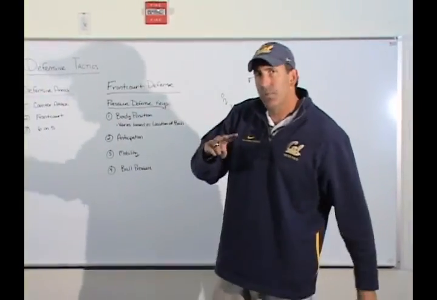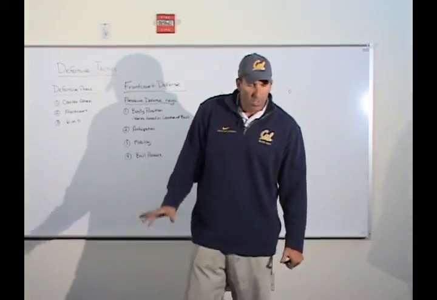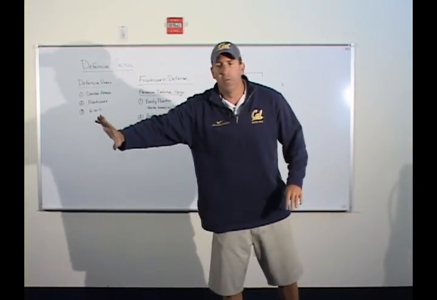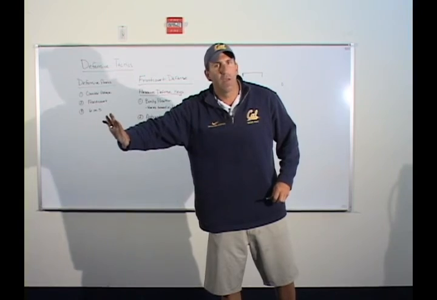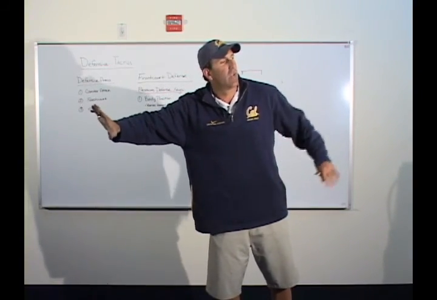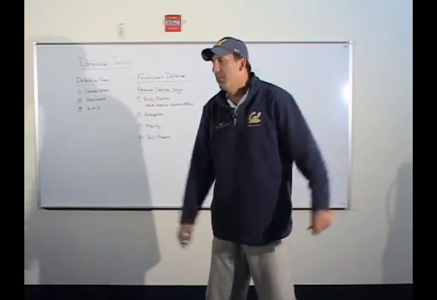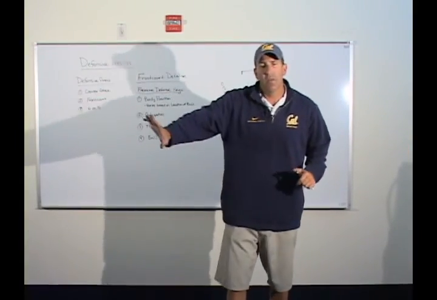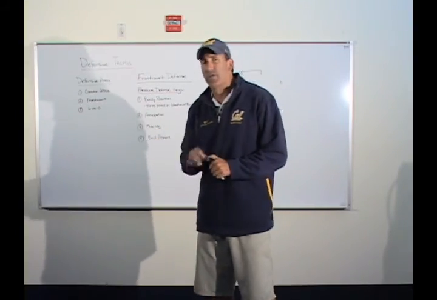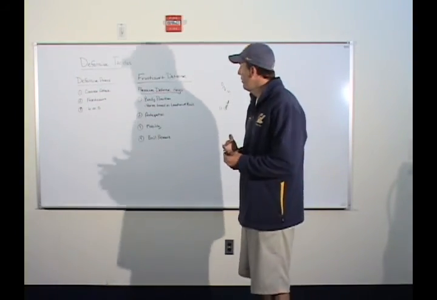If the ball is 2 positions away from you, you're still going to maintain contact, but you're going to give about an arm's length away from the offensive player, maintaining some contact with your outside arm, being in the passing lane. Okay, so some contact, but give them an arm's length away. Give yourself some cushion to recover should there be a drive or some movement.